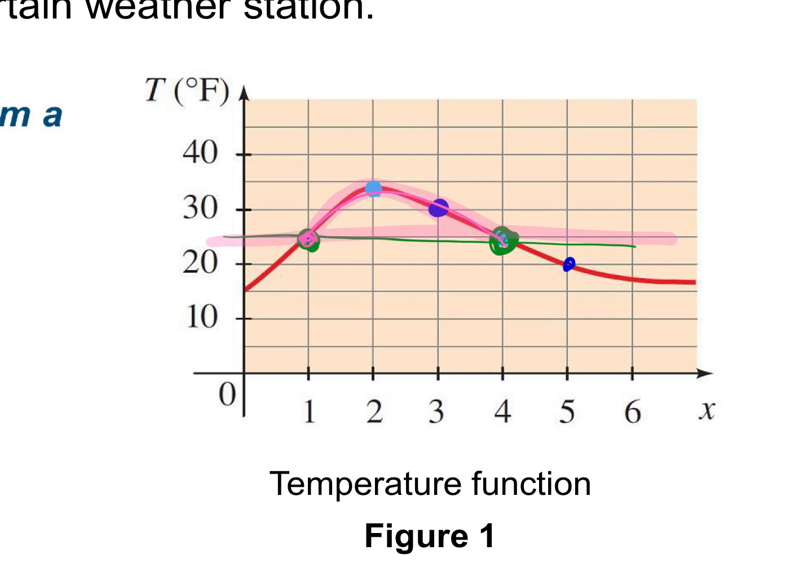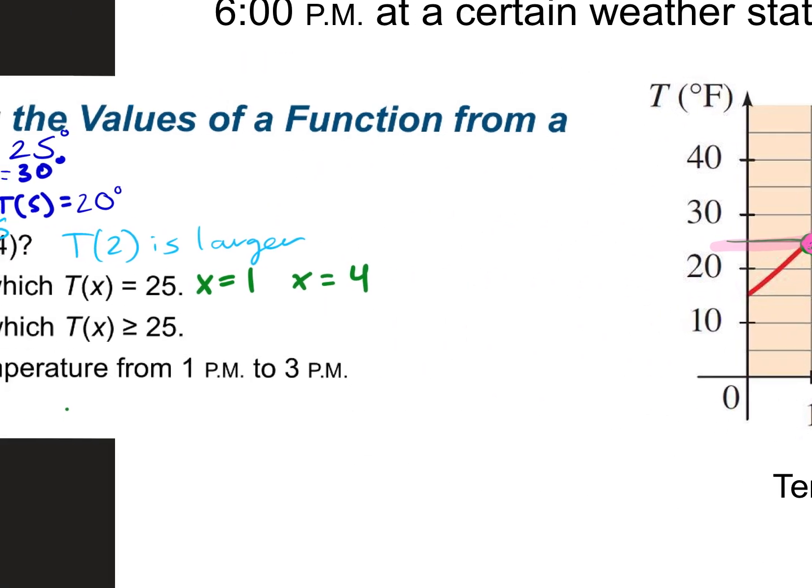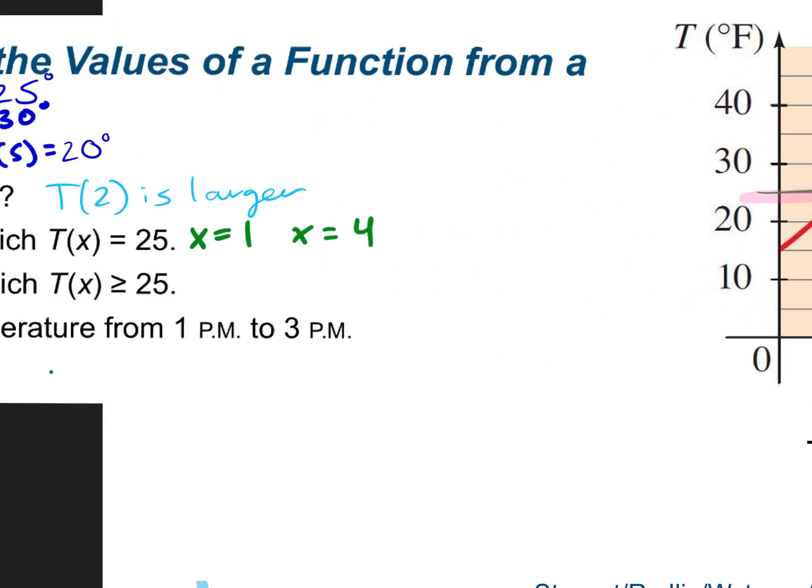But it also includes 1, right? Because 1 is at 25 and it says greater than or equal to. So 1 through 4, we're including all of this. So we would answer that in an interval. Are we including 1? Yes. So 1, are we including 4? Yes, so 1 through 4.